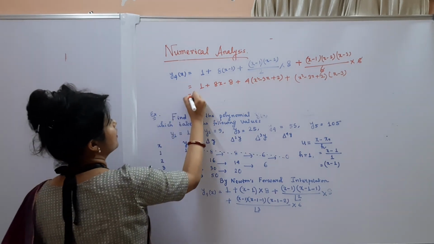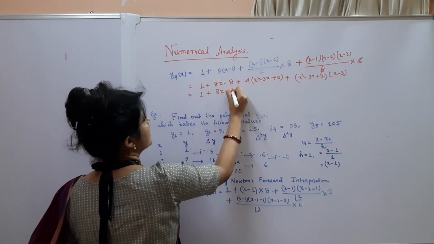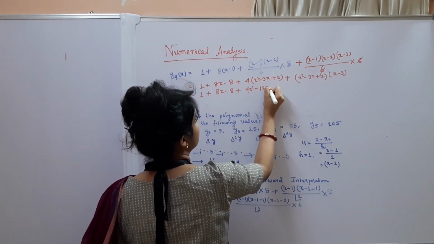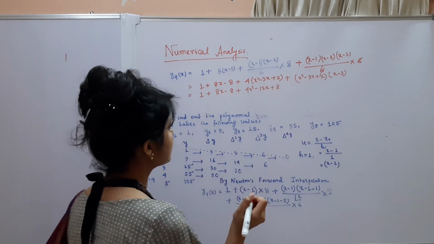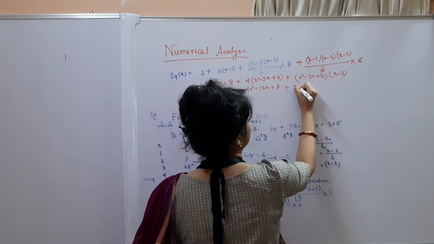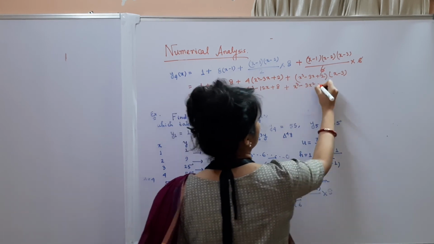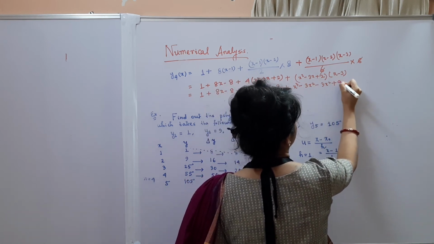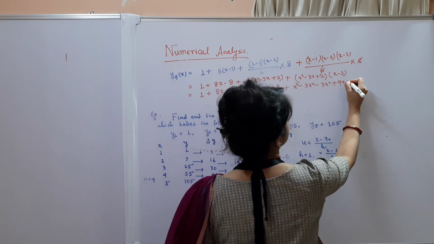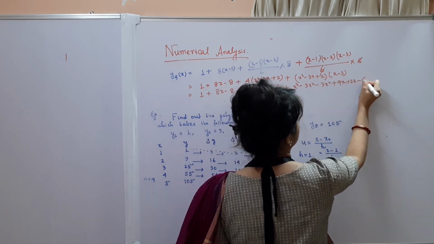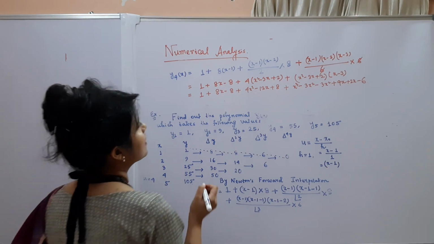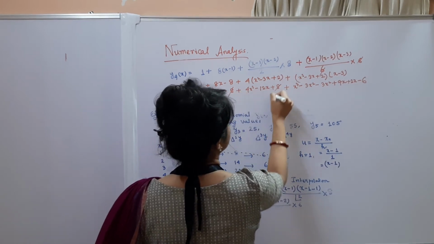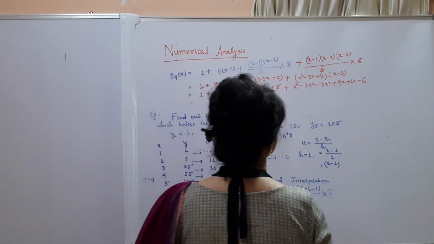Okay. So therefore 1 plus 8x minus 8 plus 4x square minus 12x plus 8. And here this is x cube minus 3x square, minus 3x square again, plus 2x plus 9x minus 6. So something will be cancelled out, that is 8 will be cancelled out.